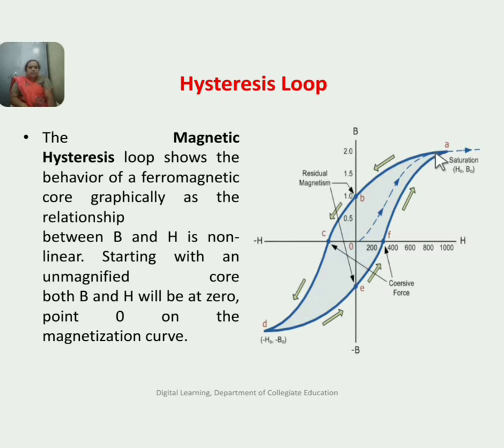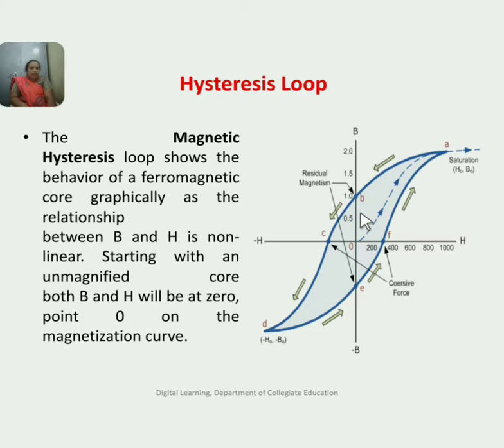Next, if the magnetizing current in the coil is reduced to 0, see here in this direction, what happens? The magnetic field circulating around the core also reduces to 0. H becomes 0, but the flux density has some value.